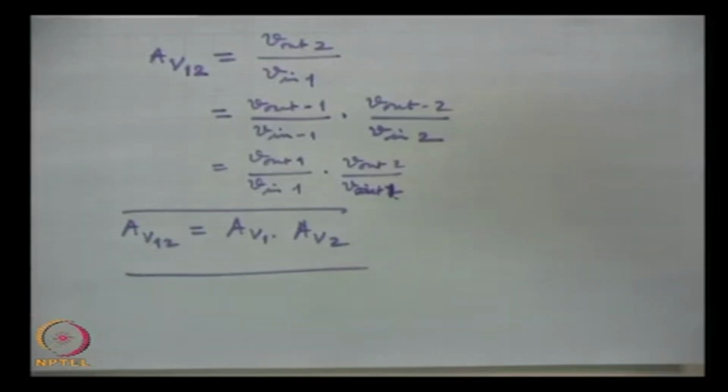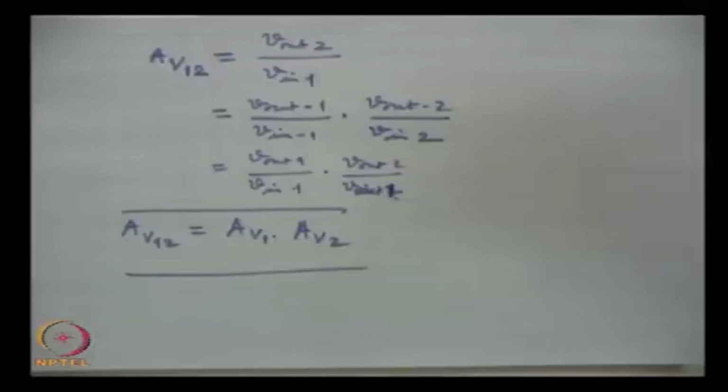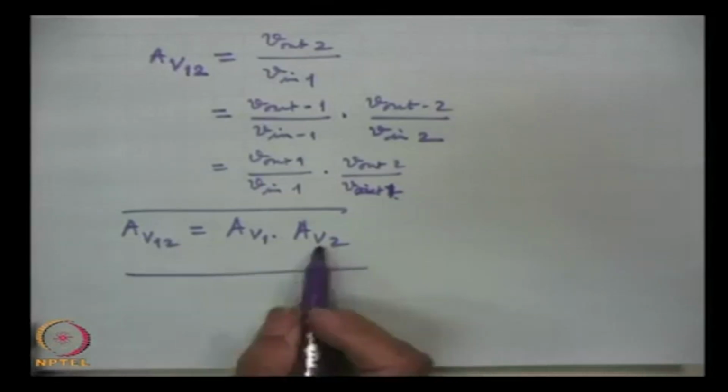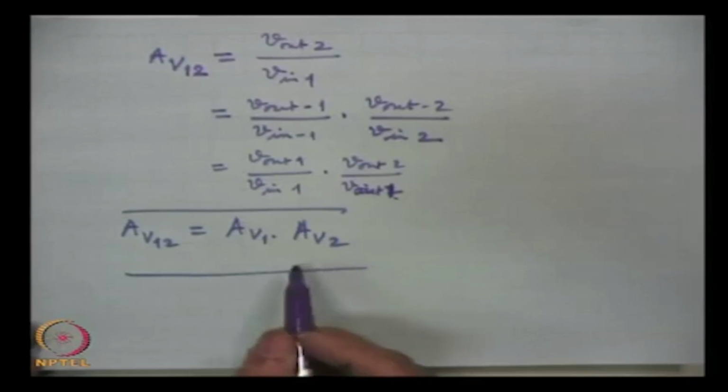What if individually the two amplifiers are coupled, are cascaded, having the individual values of the gain A V 1 and A V 2, then what is the value of the net gain, that is the product of the two gains. Remember, product of the two gains.